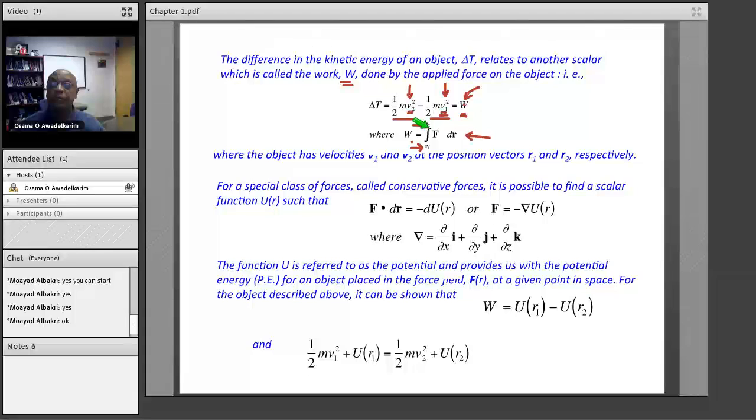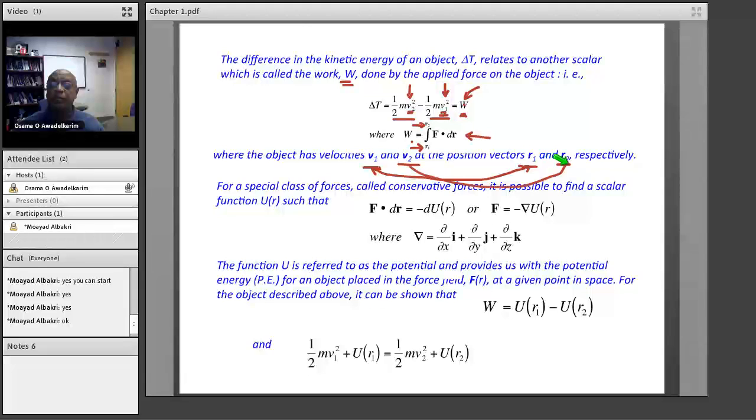So literally what we have here is an object that has a velocity v1 at the position vector r1, right? And has a velocity v2 at a position r2.